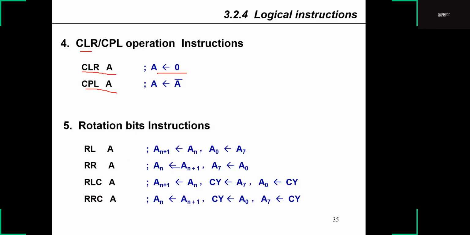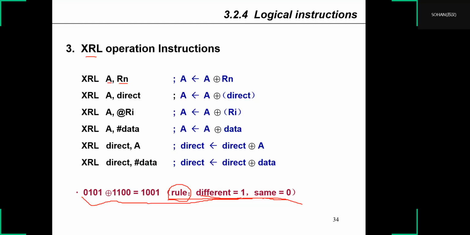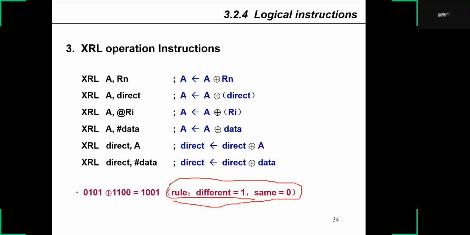Teacher, can you go back to the previous slide? Here it's 0101 exclusive OR 1100 equals 1001. How do we get this result? You need to remember this rule: different is equal to 1.